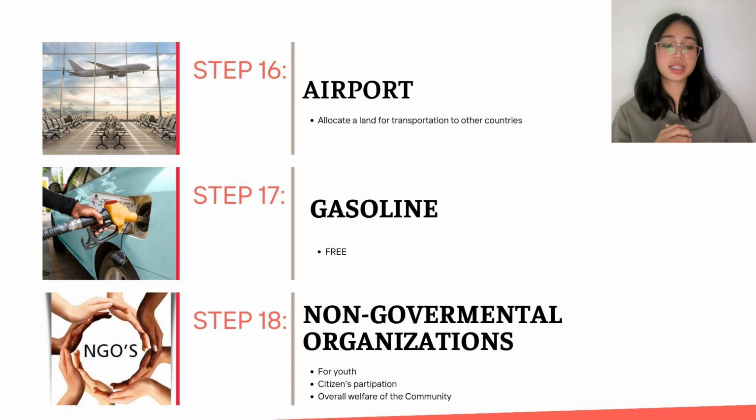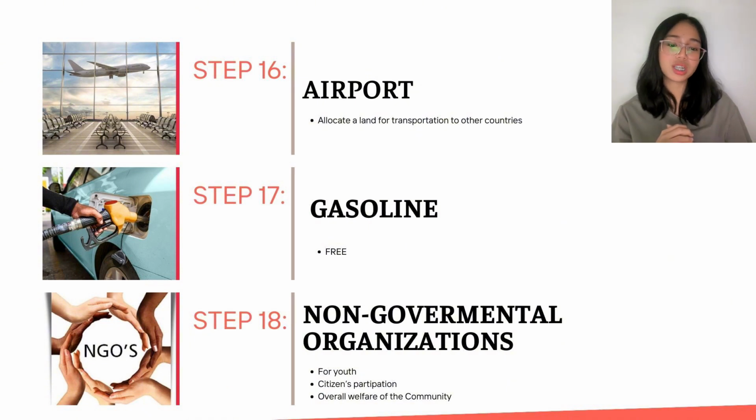And step 16 is let's allocate a land for an airport where our citizens or other foreign community could visit our community also. And step 17 is gasoline. This is the number one problem of the Philippines, where we don't own our own gasoline.